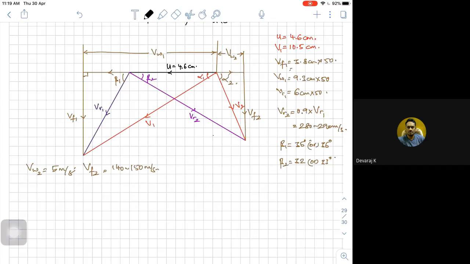Then power is mass flow rate into VW1 minus of VW2 into U. So all the quantities which we calculated using trigonometric principles can be done using your graphical method. So this is the graphical method of solving this problem.